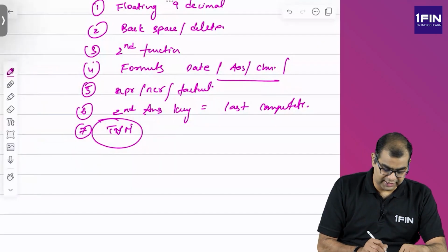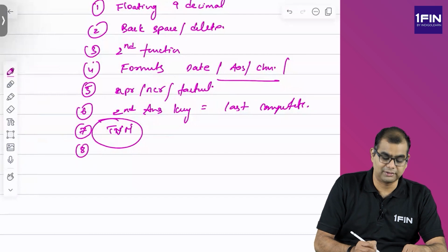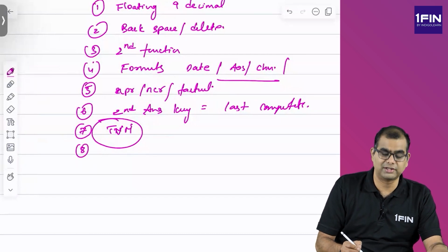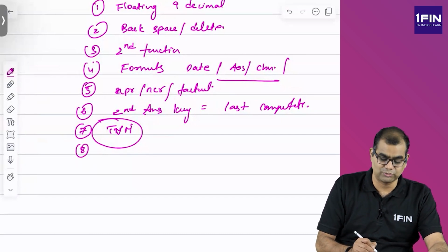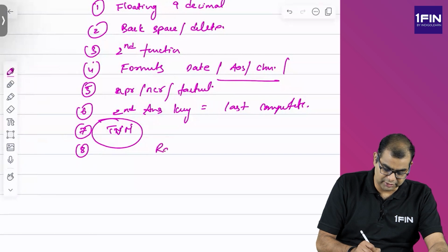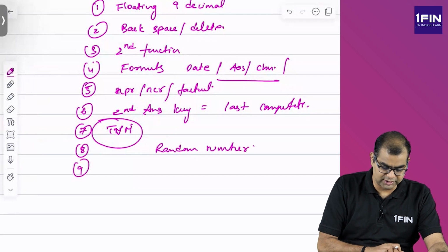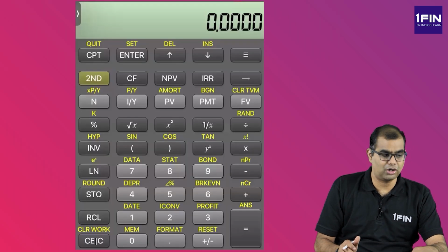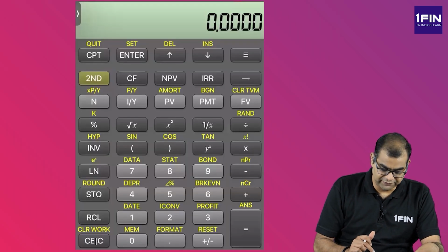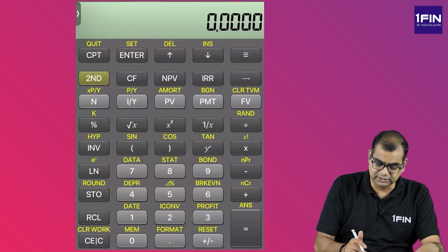So friends, after finishing the time value of money related functions on our calculator, now let us move to the next one, which is random number. Okay, let me show you what is this whole random number thing. On the calculator, where is random, RAND, the fourth row in the last column, okay, RAND.